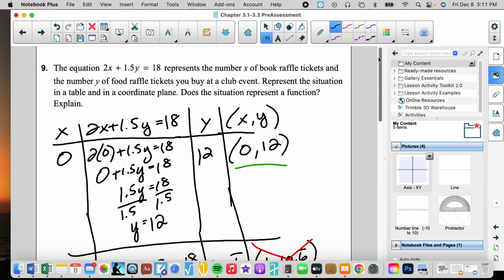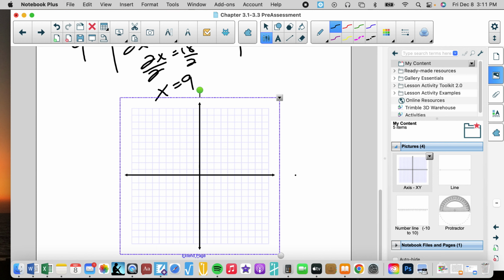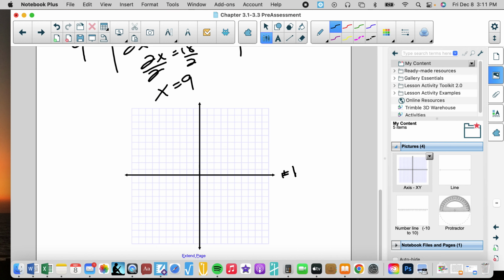X is the number of book raffle tickets, and this is the number of food raffle tickets, because that's the y.